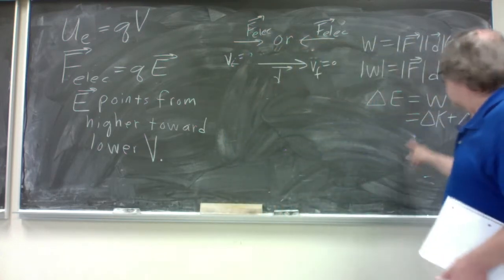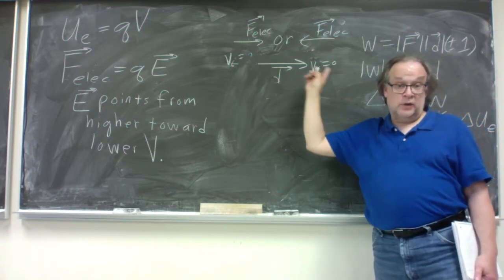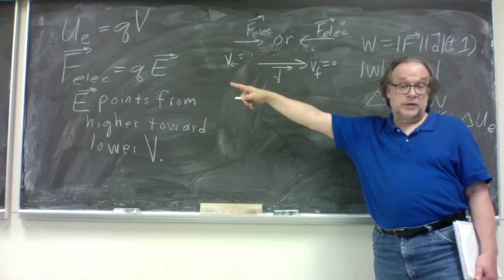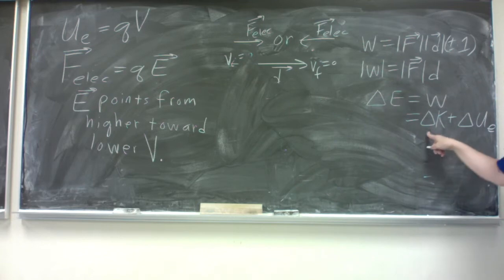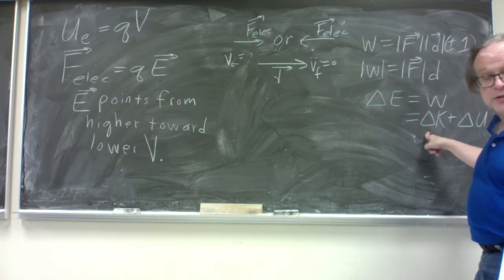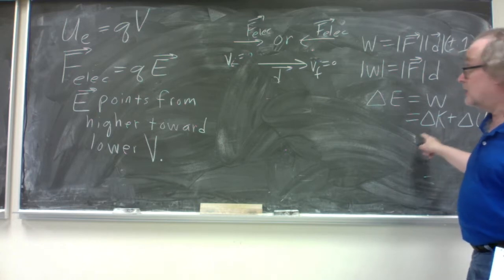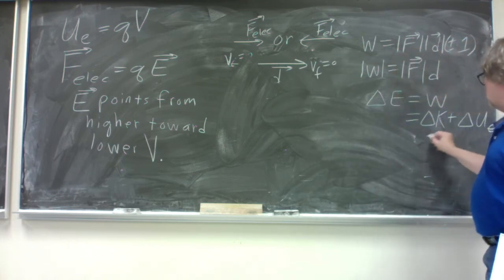But remember, in this case, the object started with zero velocity and ended with zero velocity. So its initial kinetic energy is zero and its final kinetic energy is zero. So the difference between initial kinetic energy and final kinetic energy is zero. There's no change in kinetic energy between the start and the finish. That's zero.